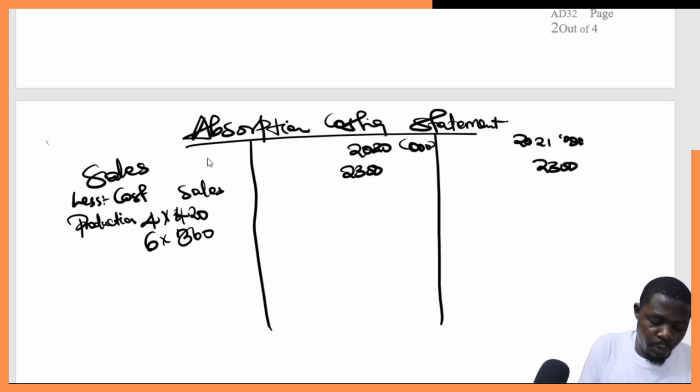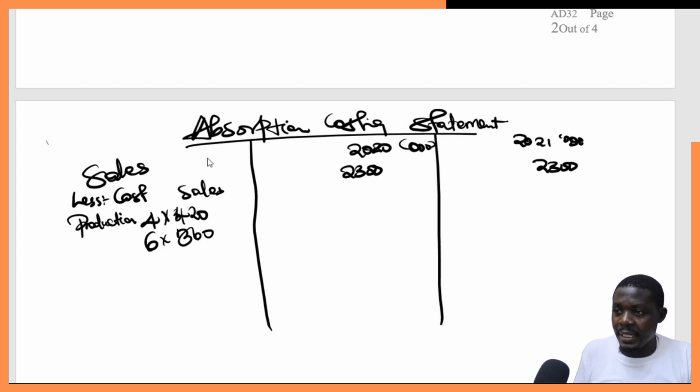Therefore, 4 multiplied by 420, we have 1680. Then we have 6 multiplied by 360, we have 2160.